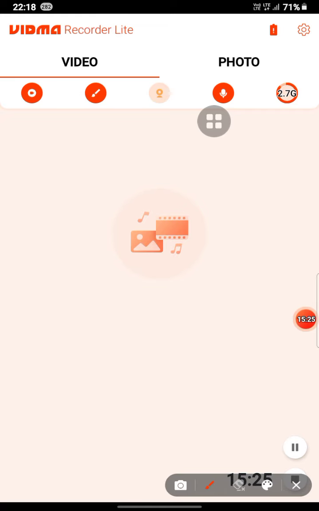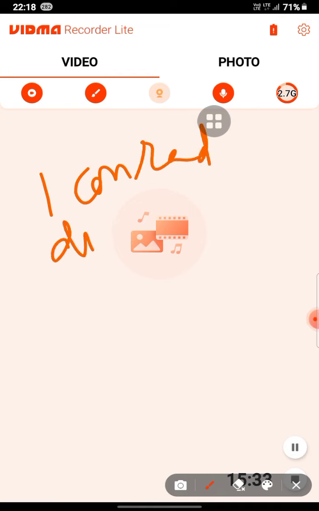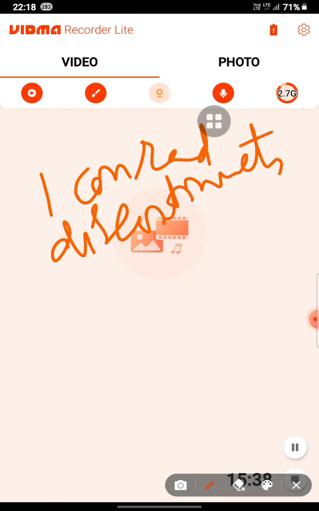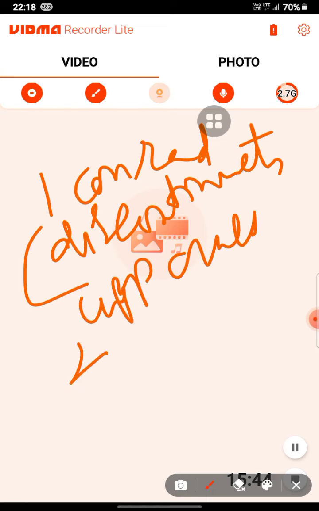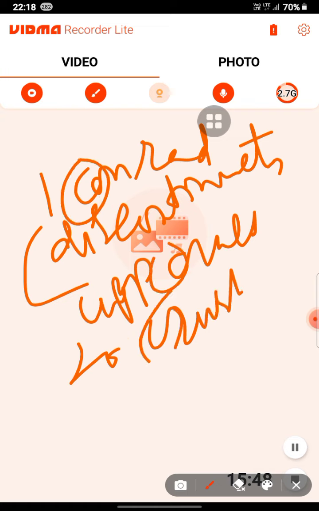Now discontinuities are very important. First is the Conrad discontinuity. The Conrad discontinuity is between the upper crust and lower crust. It is named after Victor Conrad.